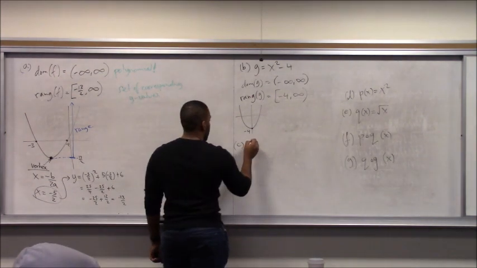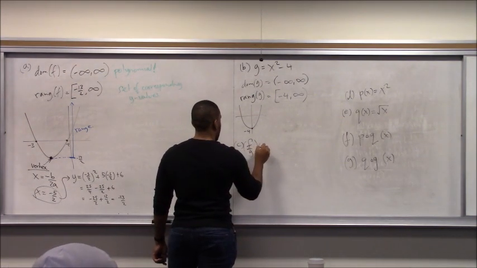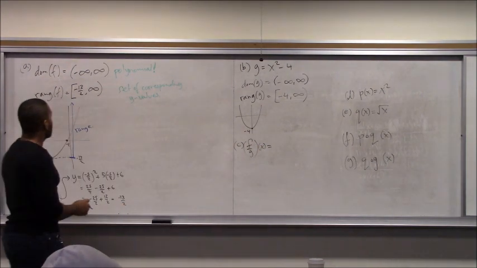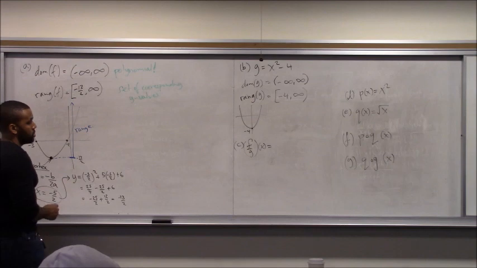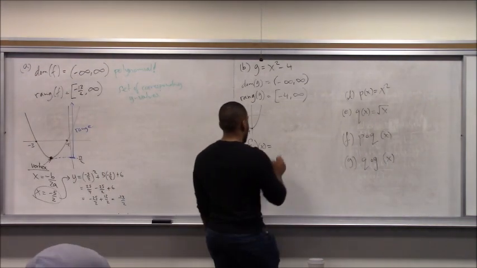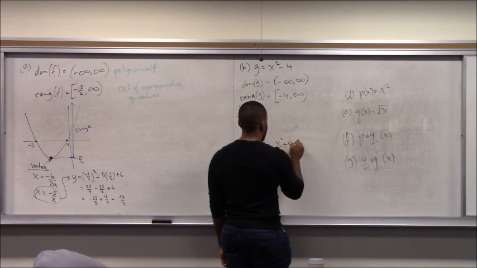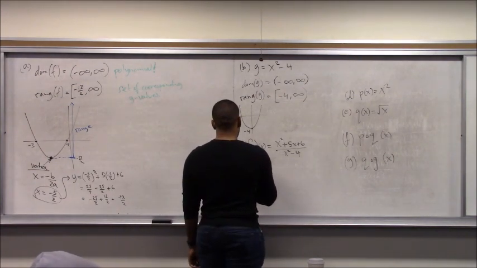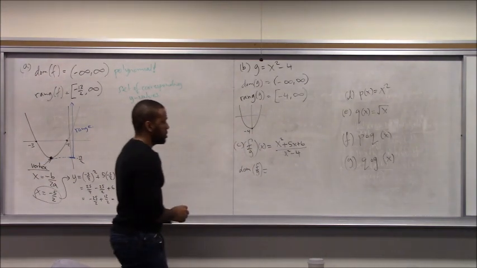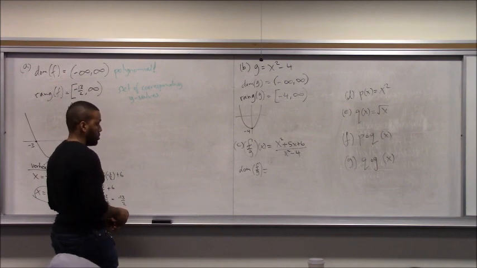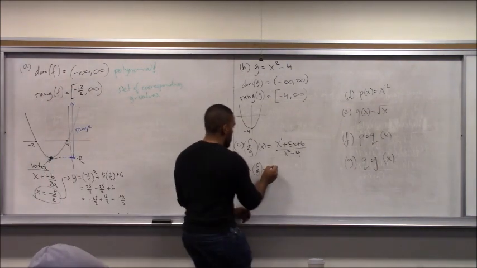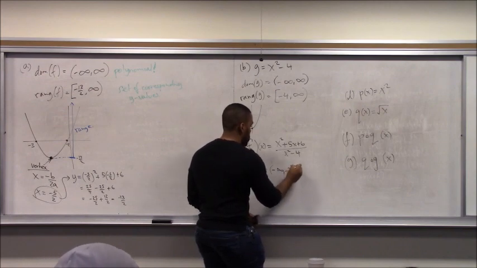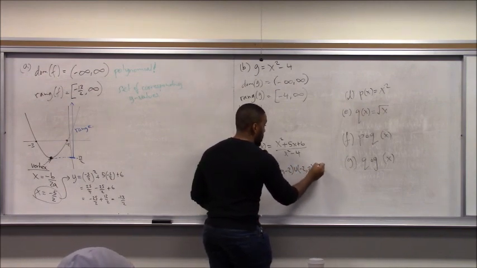So C was F divided by G. What does that look like? Well, F was x squared plus 5x plus 6, over x squared minus 4. What's the domain? So x cannot equal -2 or 2. So in interval notation, you cannot be -2, and you also cannot be 2.